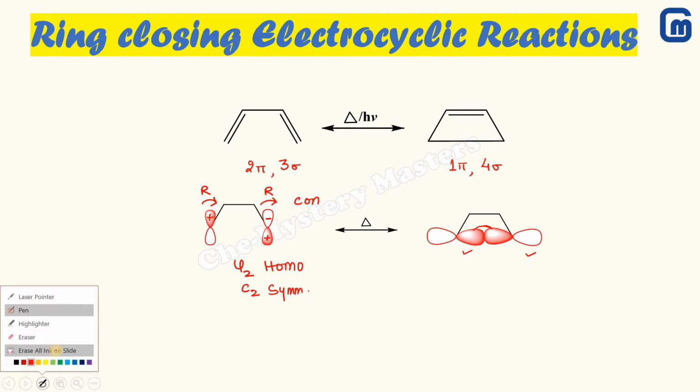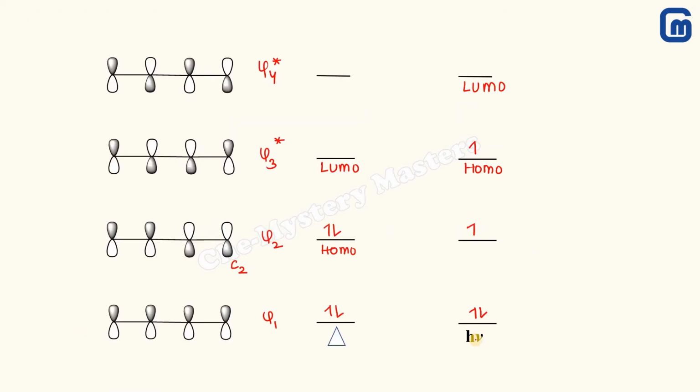Now taking the other condition, where there is light, where we are providing light to the molecule, and due to that the electron from the ground state HOMO gets jumped to the next level to give you the excited HOMO.